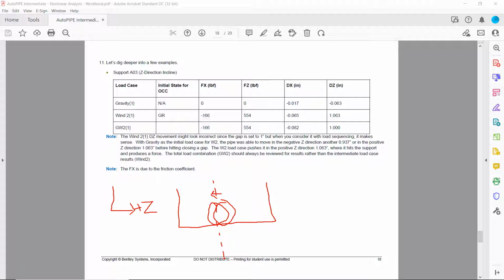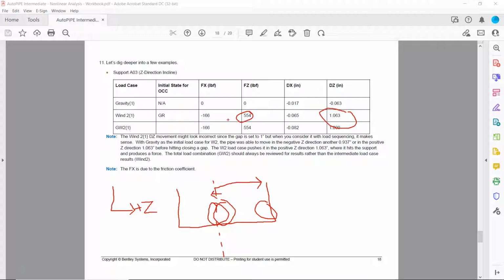The pipe now, due to wind, can move either another 0.937 inches in the negative Z direction or a positive 1.063 inches in the positive Z direction before closing a gap and hitting a support. The wind load causes the pipe to move a positive 1.063 inches. It closes the gap, it hits the support, and it produces a force.